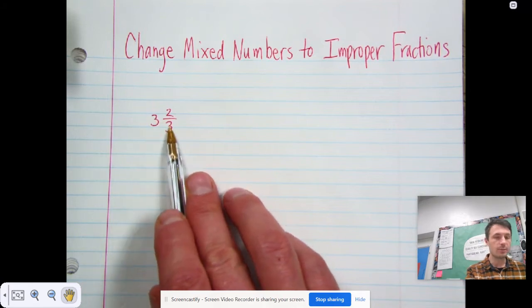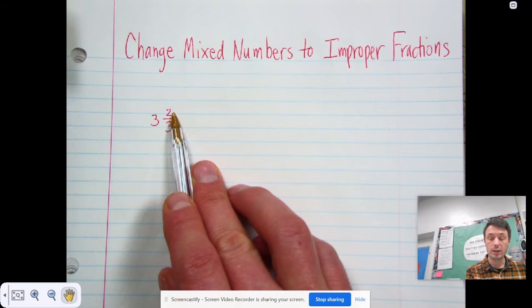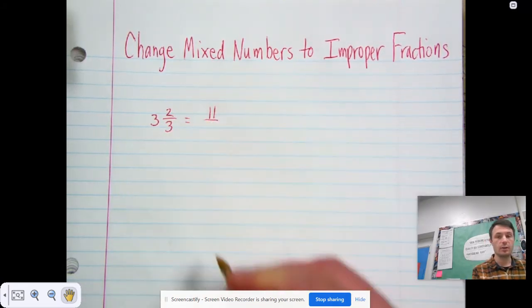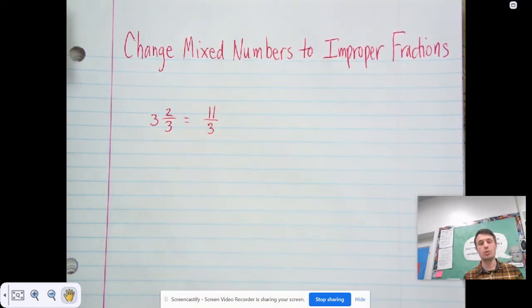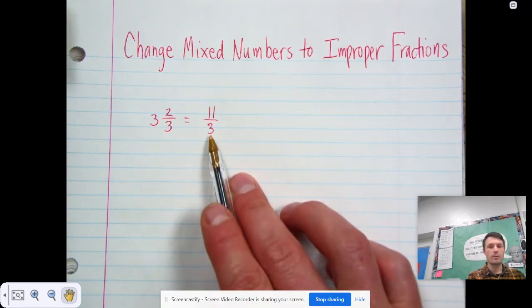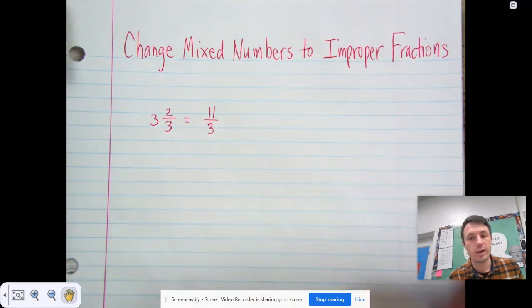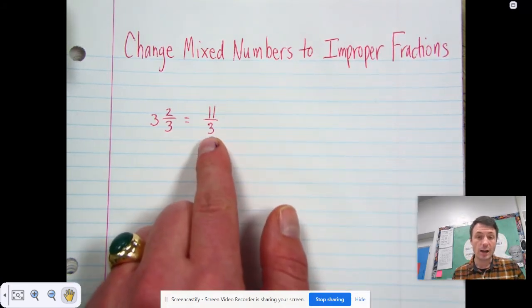So 3 times 3 is 9. You add 2, you get 11. That's your new numerator, 11. And the denominator 3 just stays the same. So 3 2/3, how do you write that as an improper fraction? 11/3.